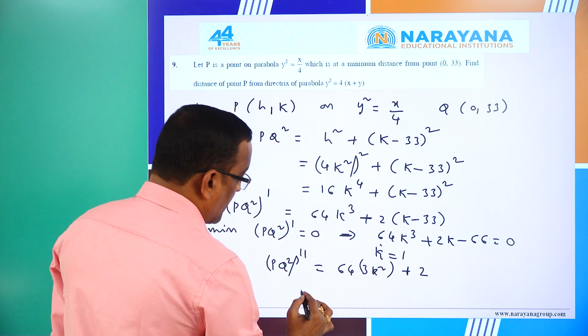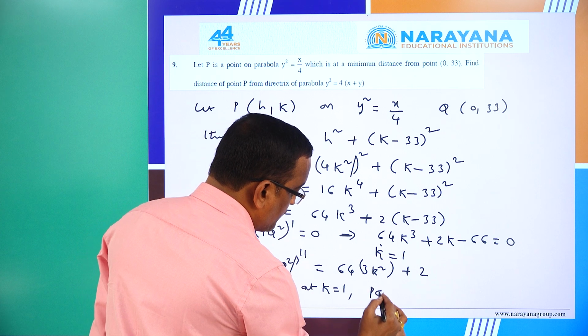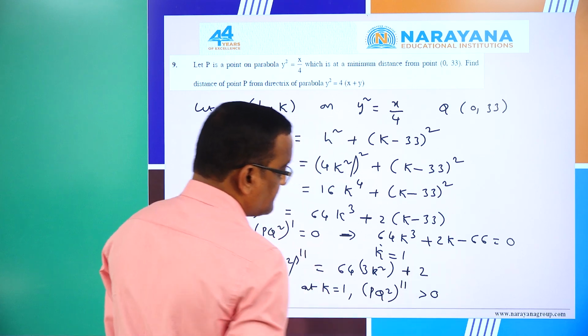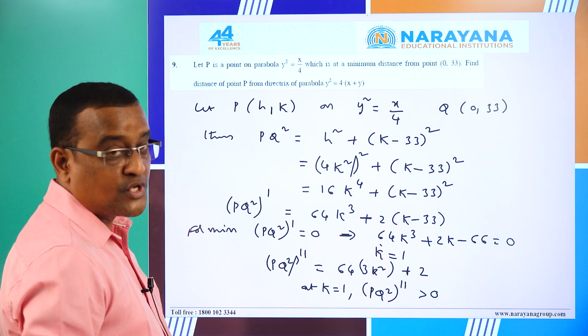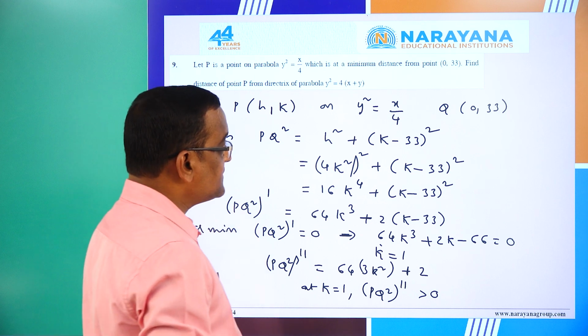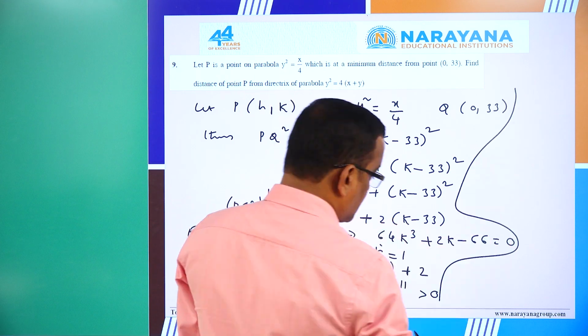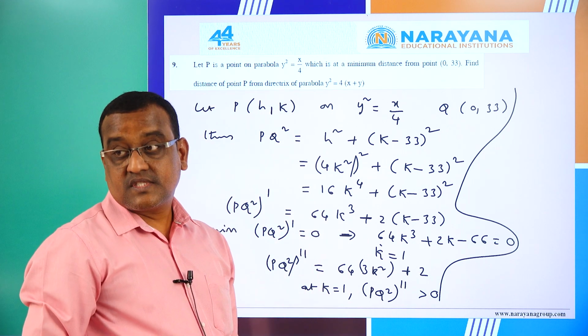At k equal to 1, PQ square double dash is positive. That is why at k equal to 1, PQ is minimum.